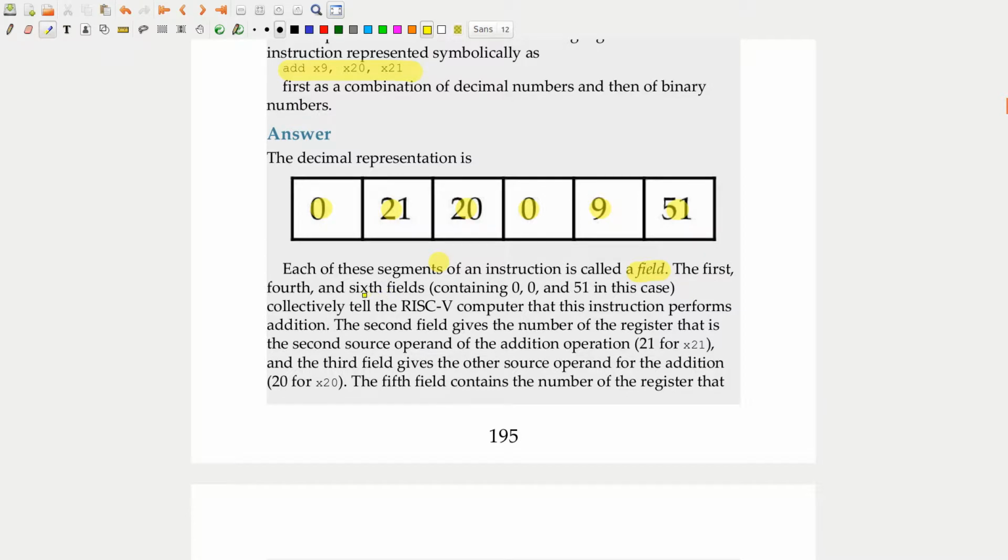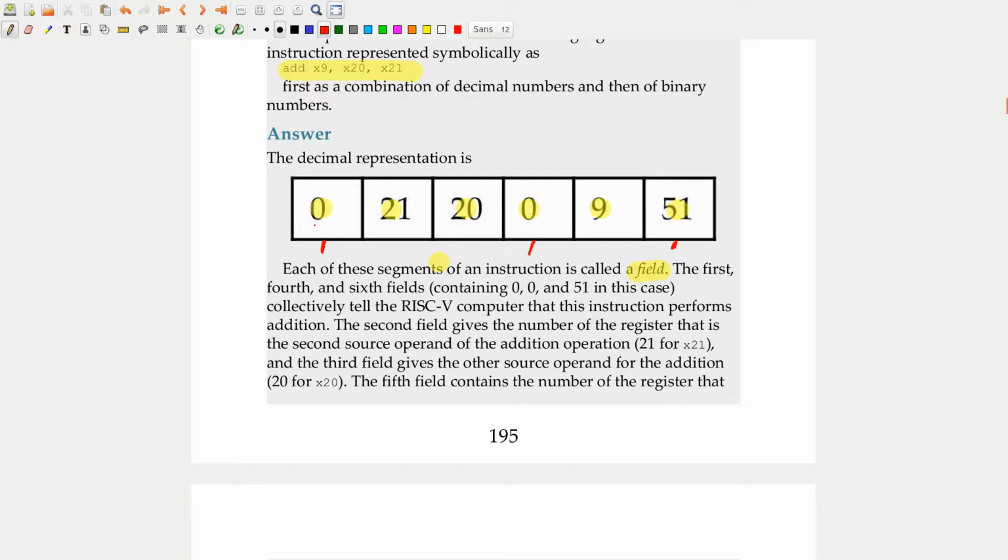So the first, fourth, and sixth fields tell the computer that the instruction performs addition. So that means this one, this one, and this one. I had to think if I was indexing by 0.